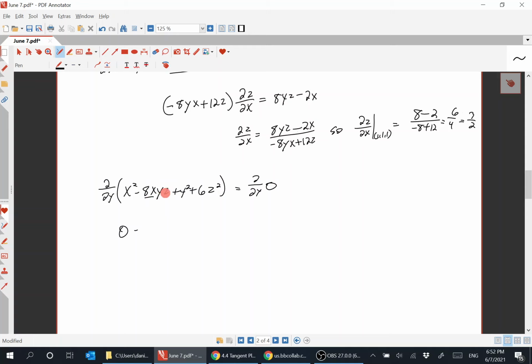Right. This one you have to use the product rule. 8x is constant, and then you have y times z. So the derivative of the y is 1 times 8xz, and the derivative of the z, dz dy, times 8xy. Plus, what's the derivative of the y squared? Just 2y. And the derivative of the 6z squared with respect to y is what?